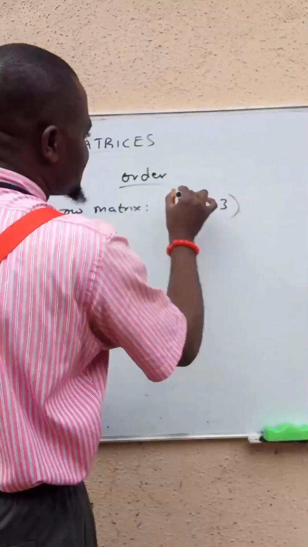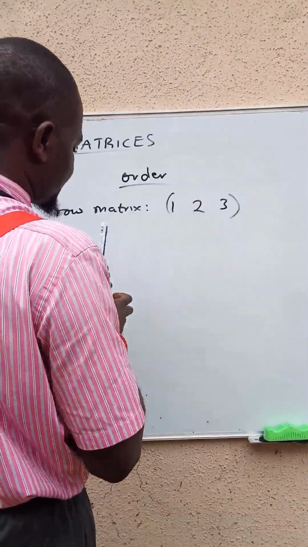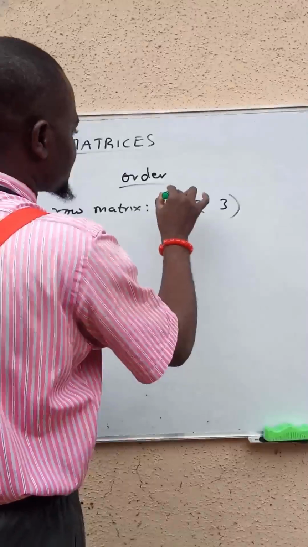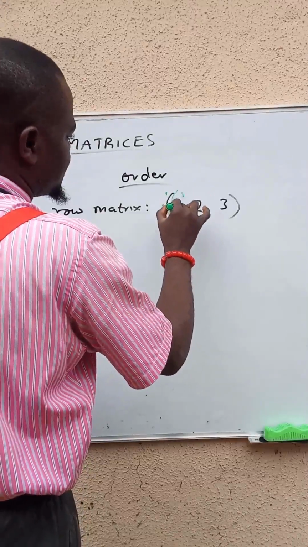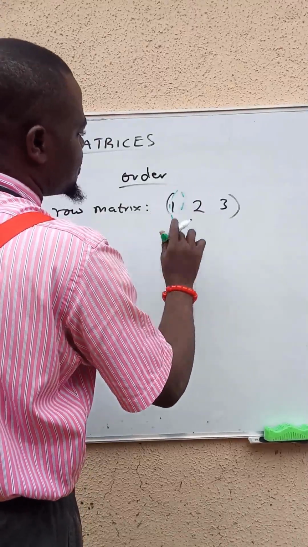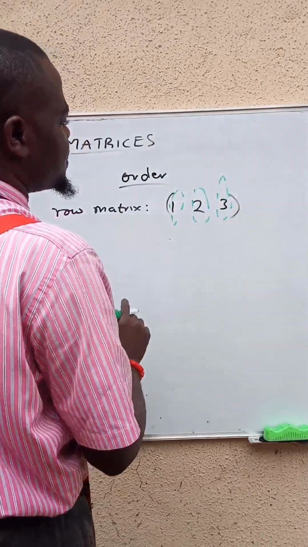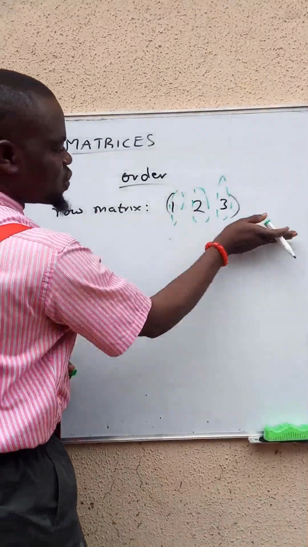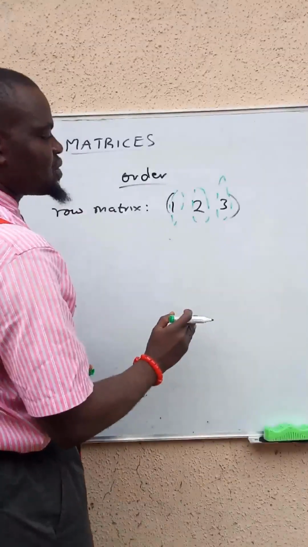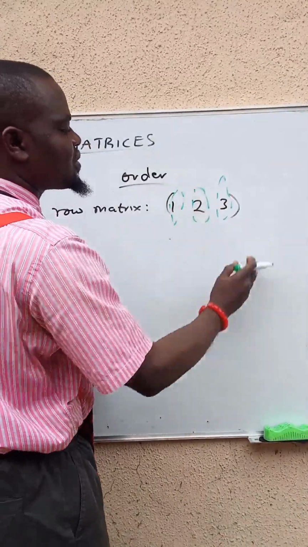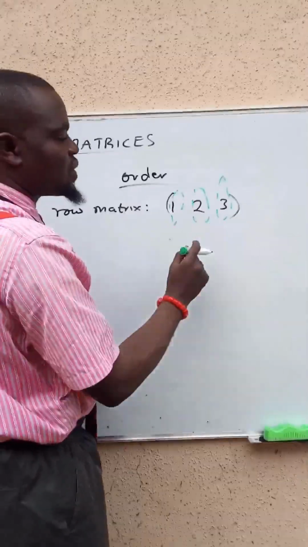This is the row. Then this is the first column, the second column, the third column. 1 is standing on its own, 2 is standing on its own, 3 is standing on its own. So we have 3 columns and 1 row.